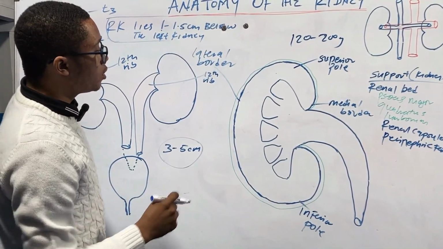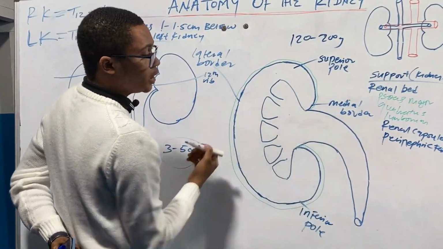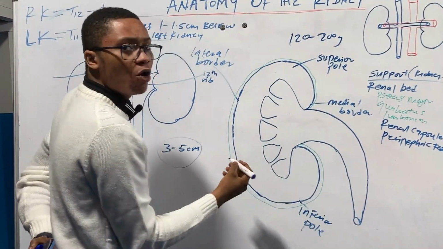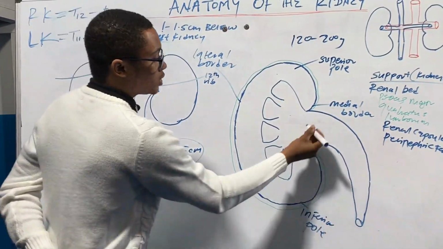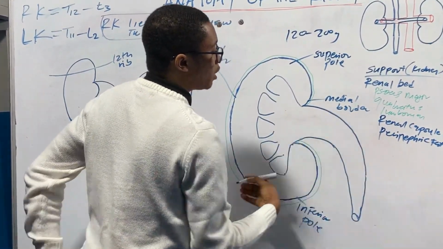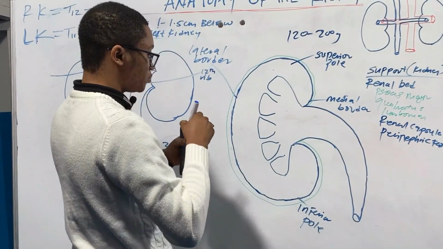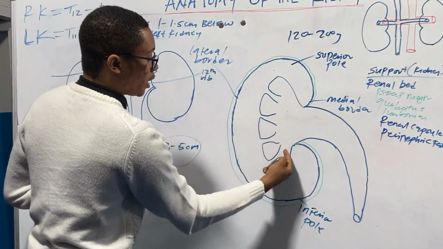Before that, remember, in the medial border of the kidney, we have the renal hilum and the renal sinus. The renal sinus is just here.